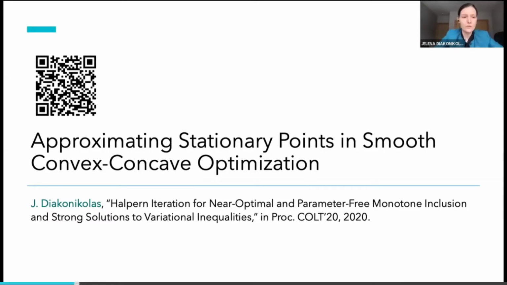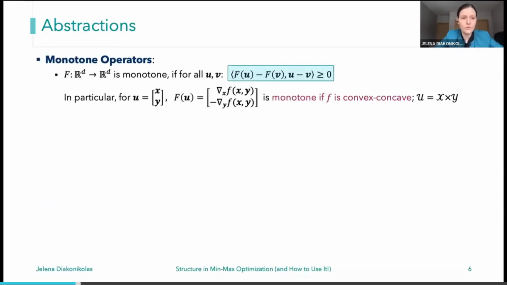Okay, so the setup here is we have a function that is convex, concave, and smooth. These problems are very often considered through certain abstractions, and in these abstractions, we work with monotone operators. So an operator is monotone if it satisfies something like this.